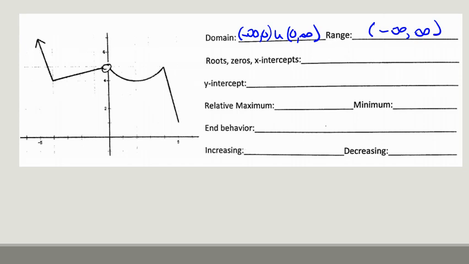In this graph, we actually can't see our roots. Well, I guess if we extended it as it is, it would be about -5.3, I guess, or 5.3.